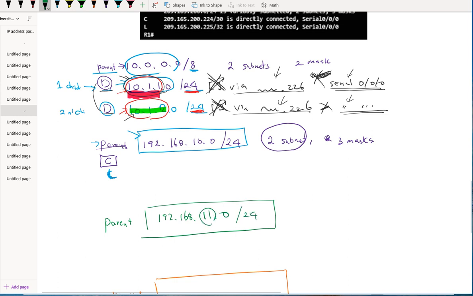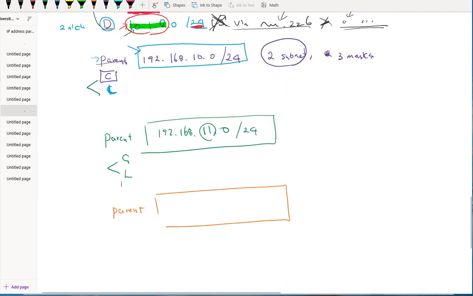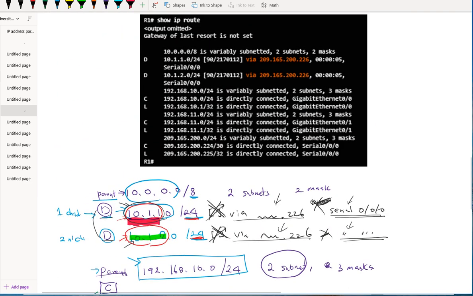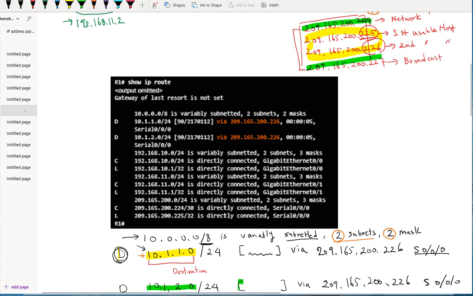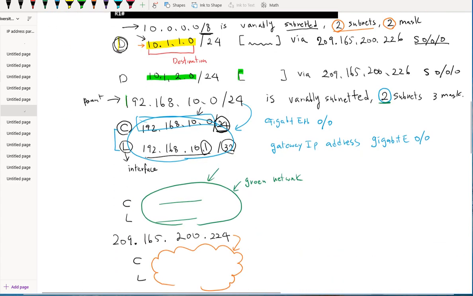And then you have two children, just like C means directly connected network, L means directly connected interface. Okay? And then the orange one is what? 209.165.200.224, and /24.